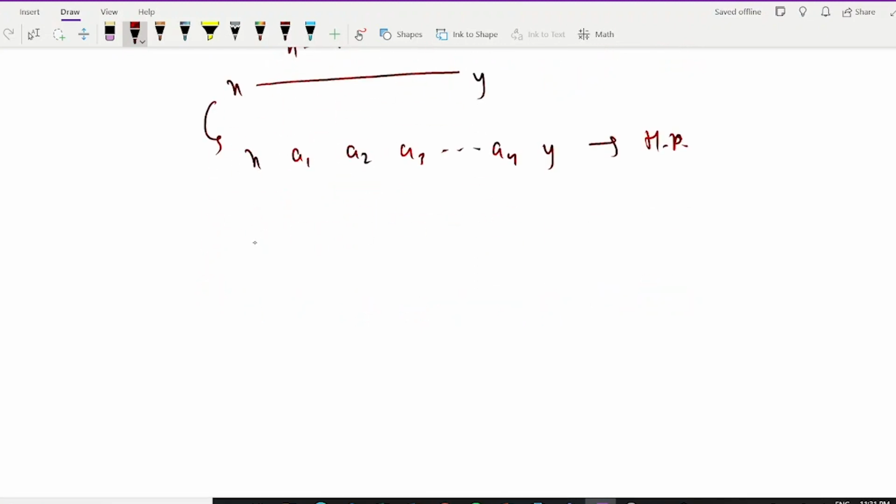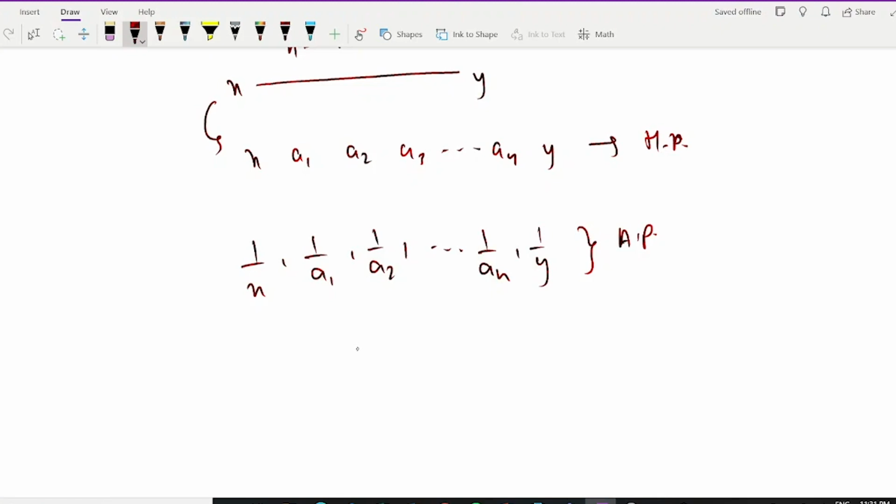I will take the reciprocal of all the terms: 1 by x, 1 by a1, 1 by a2, 1 by an, and 1 by y. I get that this sequence will be in arithmetic progression.